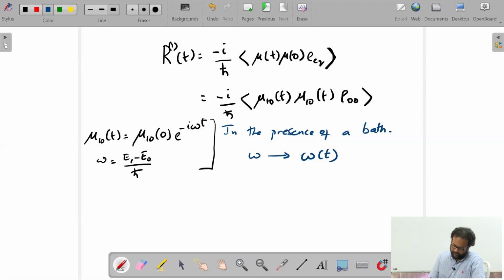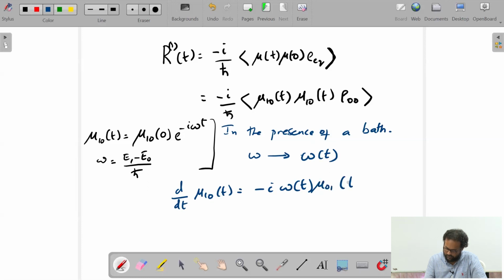These are the frequency fluctuations. Now, if I write my equation of motion, the evolution of my dipole moment, I can write it with ω of t times μ01 of t.